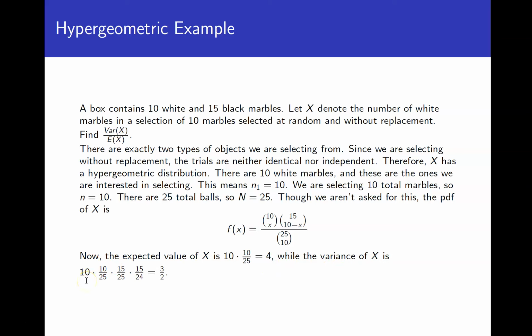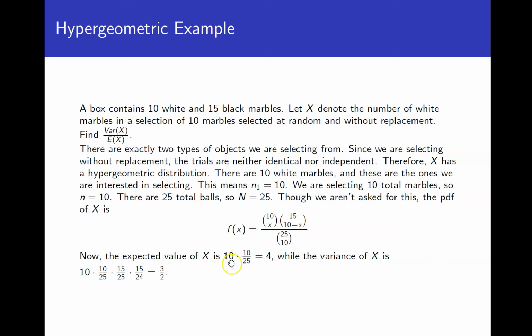It's the number of balls you're selecting, times the number of white balls out of the total, times the number of black balls out of the total, and then this extra term on the end, which is the total number of balls minus the number you're selecting, over the total number of balls minus 1. Remember that this last term is kind of the oddball term, but these first parts are like your binomials.